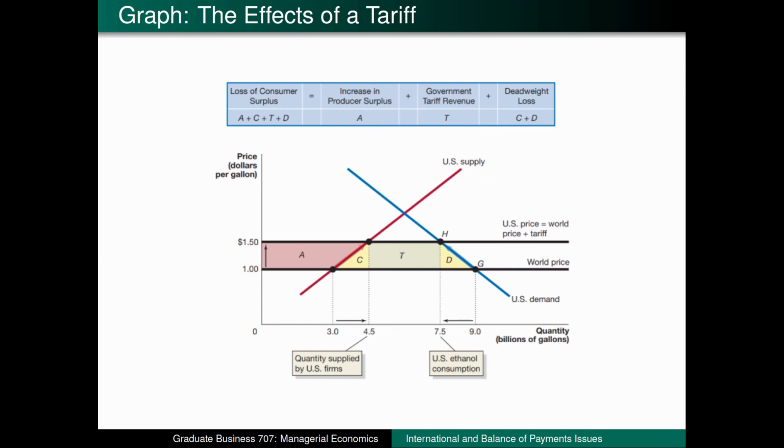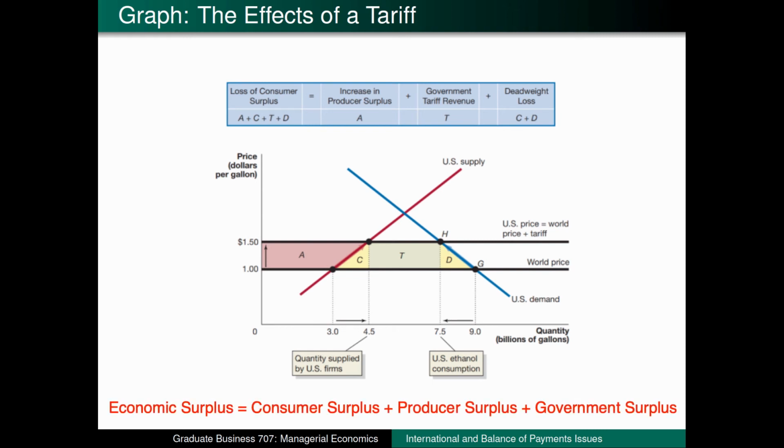But they're not the only ones who benefit from this. The government stands to gain from this policy as well. Before, we assumed no government intervention, so they weren't part of the economy. Now, we need to consider the government as part of economic surplus, so that technically economic surplus is consumer surplus plus producer surplus plus government surplus.